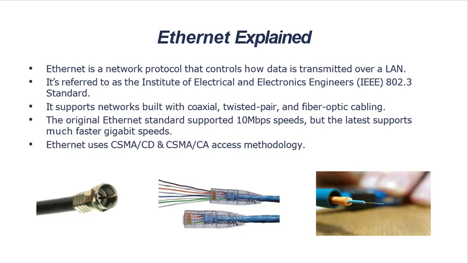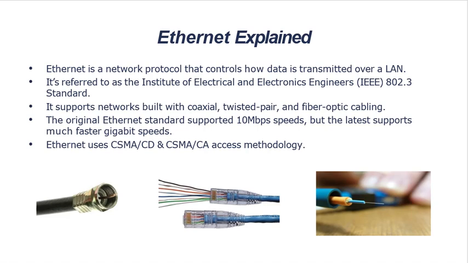So if we're using switches, meaning a switched network, we utilize CSMA/CD, and we're going to talk about how that works. Now, if we're on a wireless network, then we use CSMA/CA. Again, different methodologies, and I'll talk about the difference between what CD and CA means later in the course. Just understand that this is the logical component, and all this down here, everything else, that's the physical component.